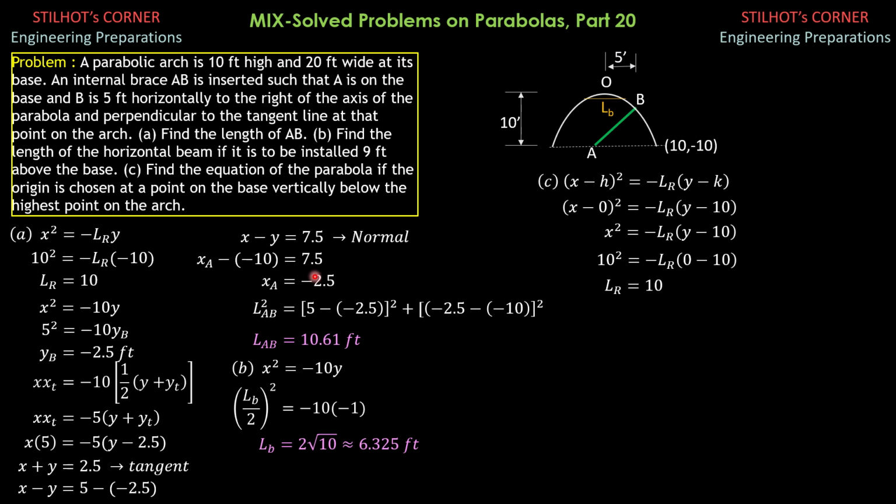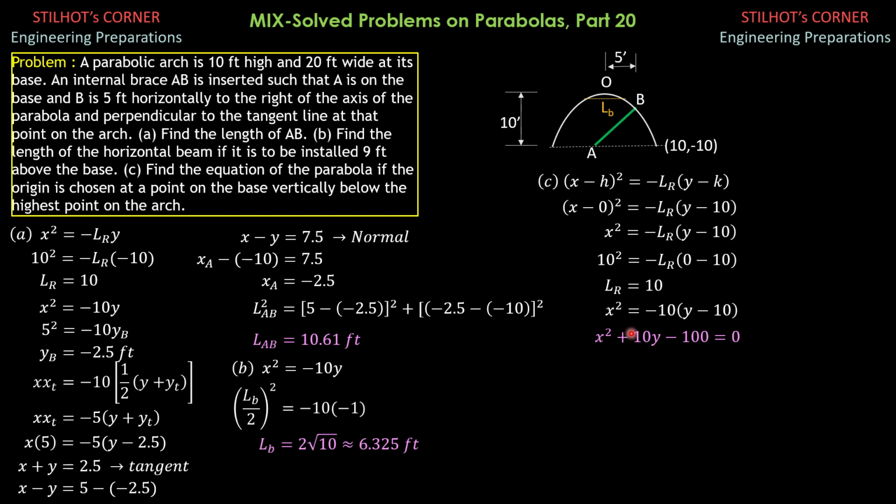Of course, it's the same as before because the parabola does not change even if the origin is shifted to another point. So the equation of the parabola would now be x squared equals negative 10 times quantity y minus 10, or x squared plus 10y minus 100 equals 0. So that's the equation of the parabola.